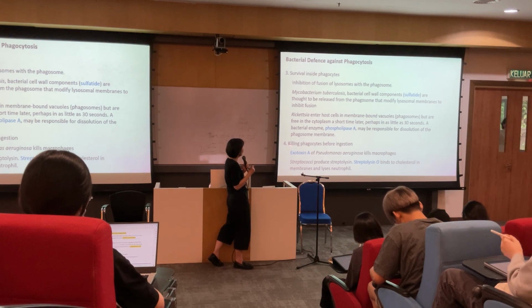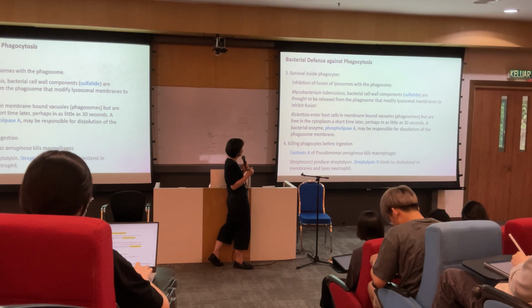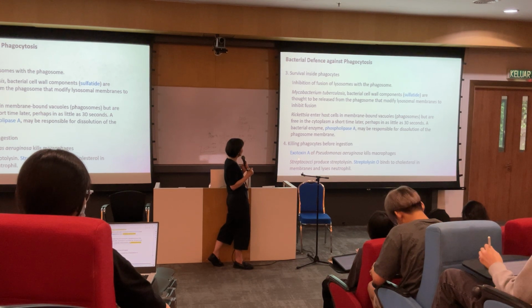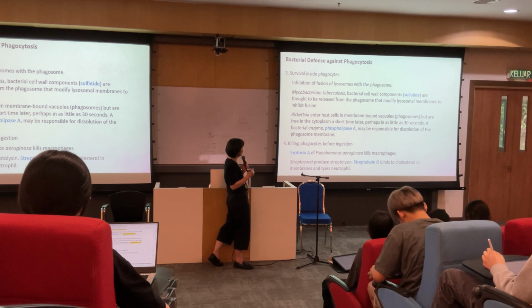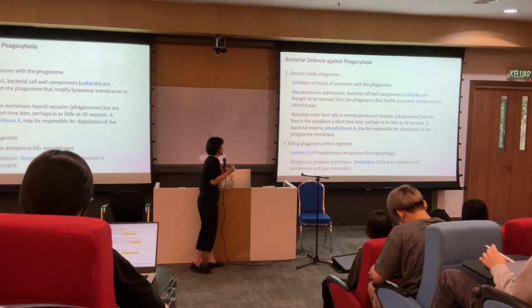And here, number 4, this is direct killing of the phagocyte. This is even more powerful. Those are the bacteria Pseudomonas releasing secreted exotoxin, and also Streptococcus producing streptolysin O, which can directly destroy the phagocyte.